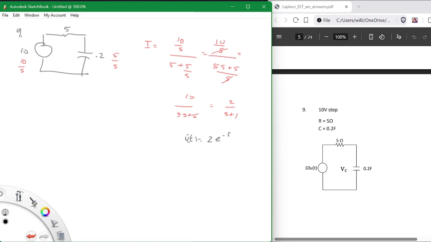But once you found this, you can find everything else in a circuit. You can find the voltage across, what's the voltage across the 5 ohm resistor? Okay, once you found this I of t, what is the voltage across this? It's that times that. And then what is this? It's what's left over, the 10 minus the voltage across that is the voltage across that.